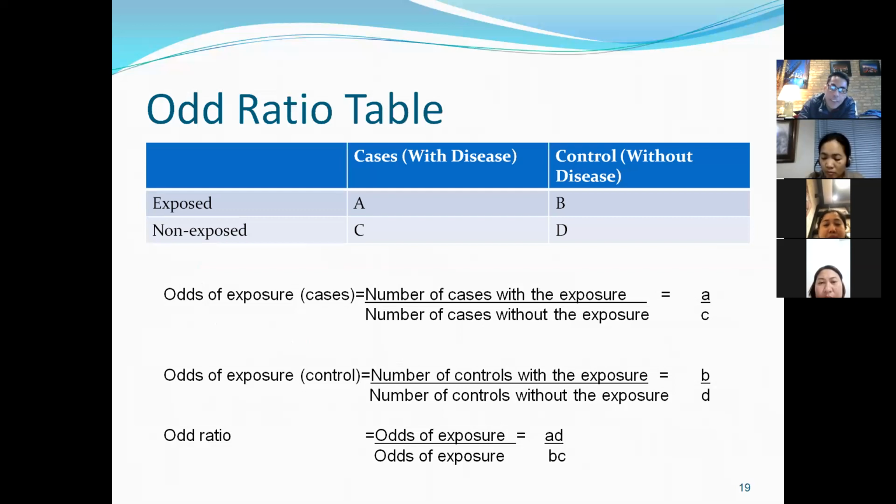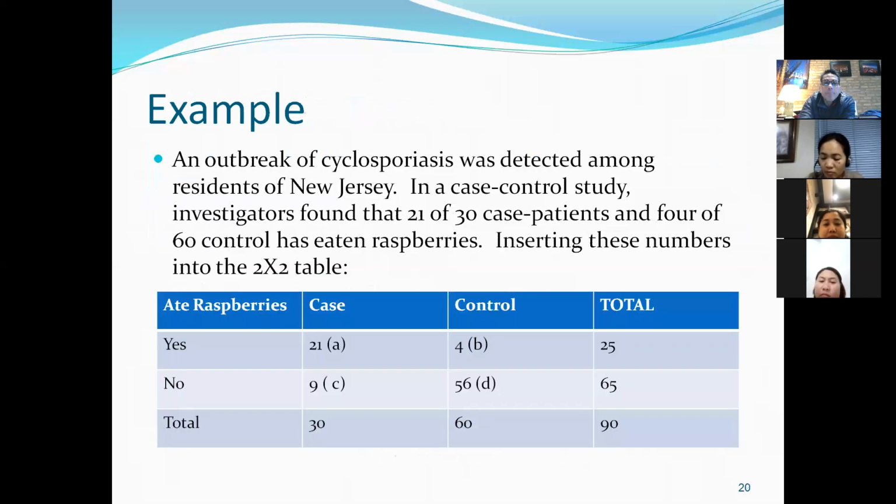Let's put this into actual numbers. So here's an example. An outbreak of cyclosporiasis was detected among residents of New Jersey. In a case control study, investigators found that 21 of the 30 case patients and 4 of the 60 controls had eaten raspberries. Inserting these numbers into the 2x2 table, those who ate the raspberries, yes and no, and the case would be those who had the disease.